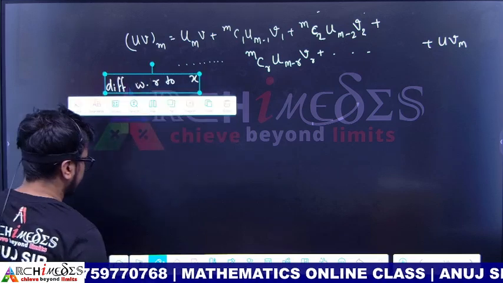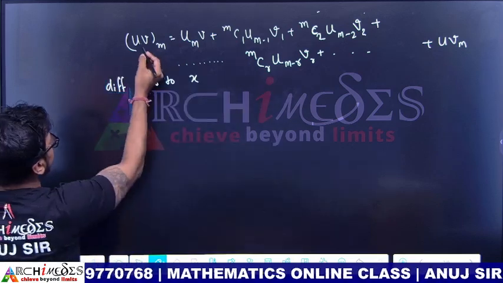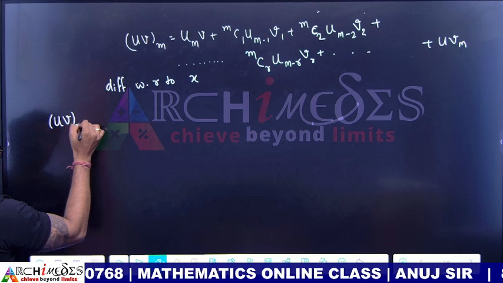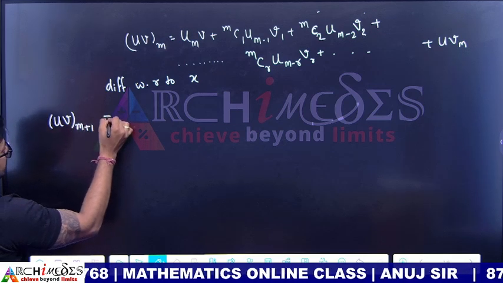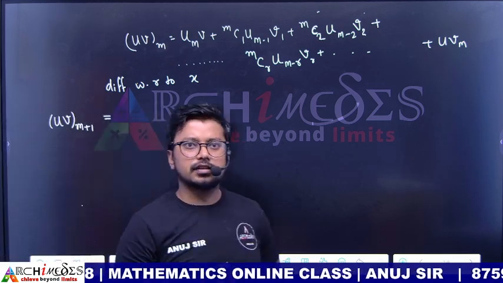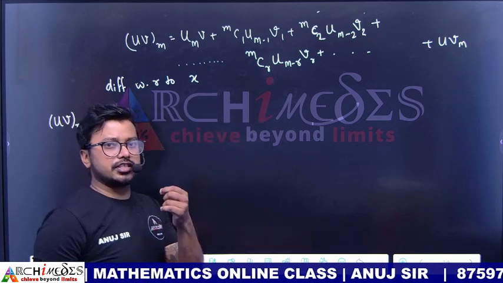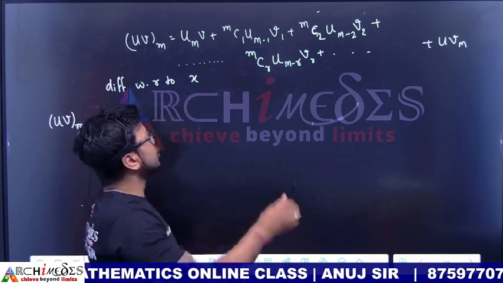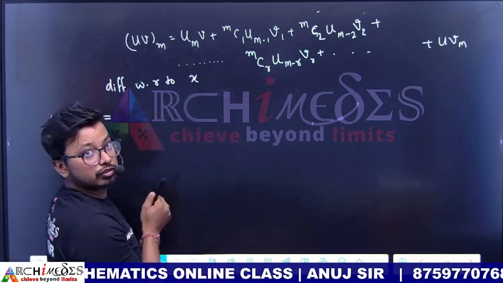What will happen? Can we write in this way, dear? If I differentiate in this way one time, it becomes u(m+1). Yes or no? Any doubt? m plus 1. Clear? Because when you differentiate u1 one more time, it becomes u2. So 1 plus 1. So here you have to apply which rule? Product rule. Very important.